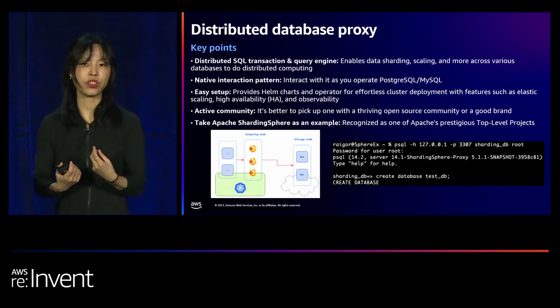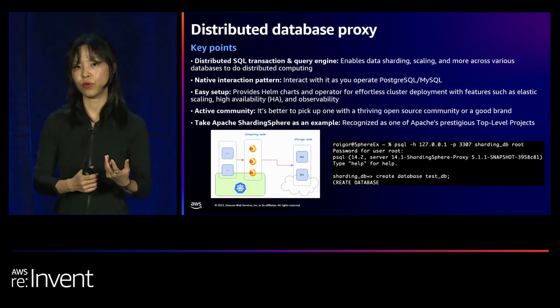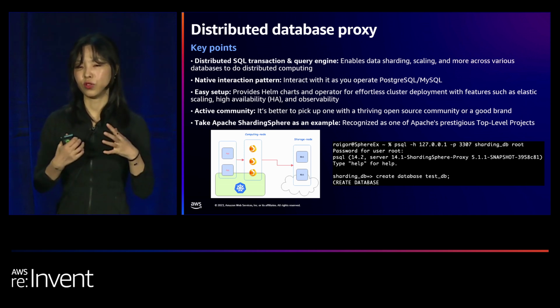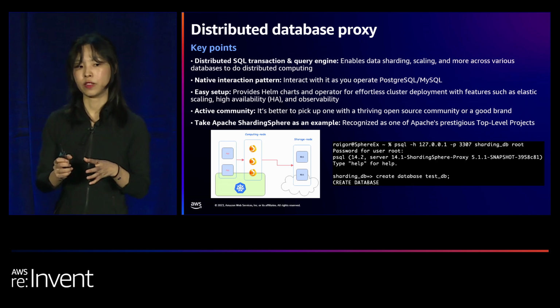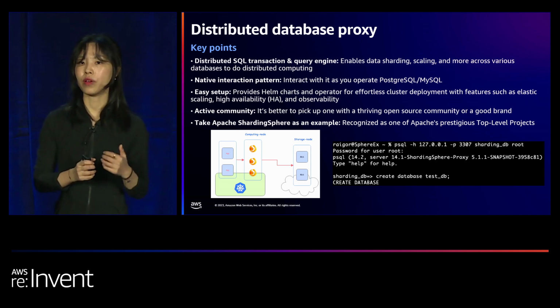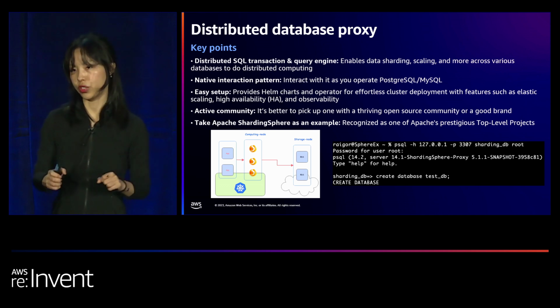So you can see here all of the computing nodes provide the facade for the application. The application just talks with the ShardingSphere proxy. They don't care about what is happening in this cluster. The proxy will help the application do the read-write splitting and shard your data, or distribute your data into different storage nodes.